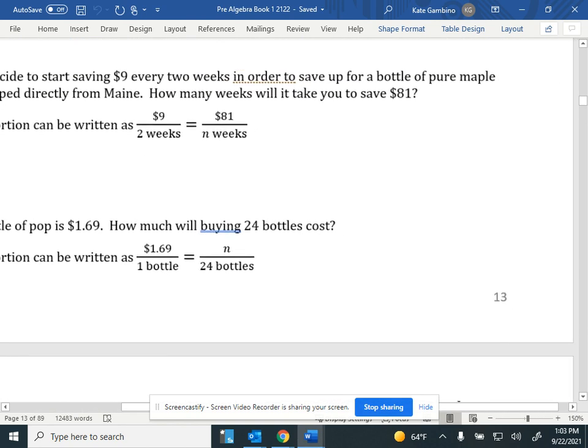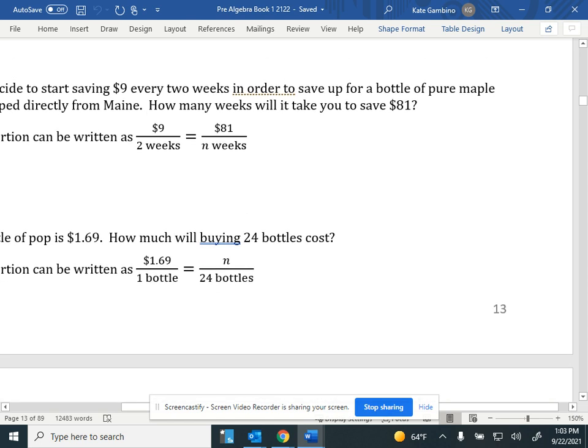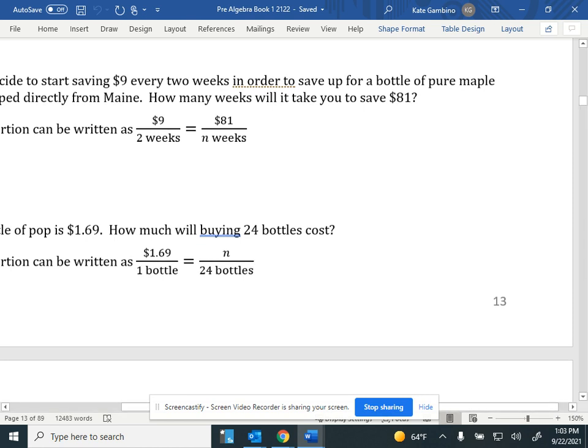As we're moving down, oh, he made it easy on you. And he helped you out by writing the proportions down. You will come to problems that have the word problem, but they don't give you what the proportion looks like. And you're going to have to set it up yourself.